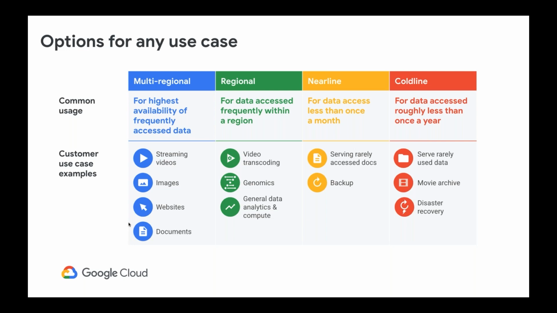There are ways to set up things like object lifecycle management, right? So for instance, if you have data sitting in a multi-regional bucket and it's not being accessed, you can have a policy that says, okay, if this data is not accessed within a month, 3 months, or a year, move it to nearline or coldline automatically. There are also retention policies.